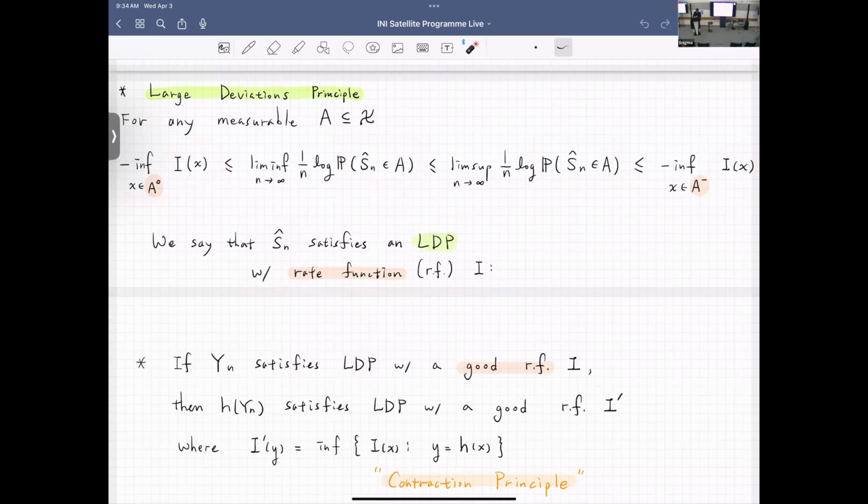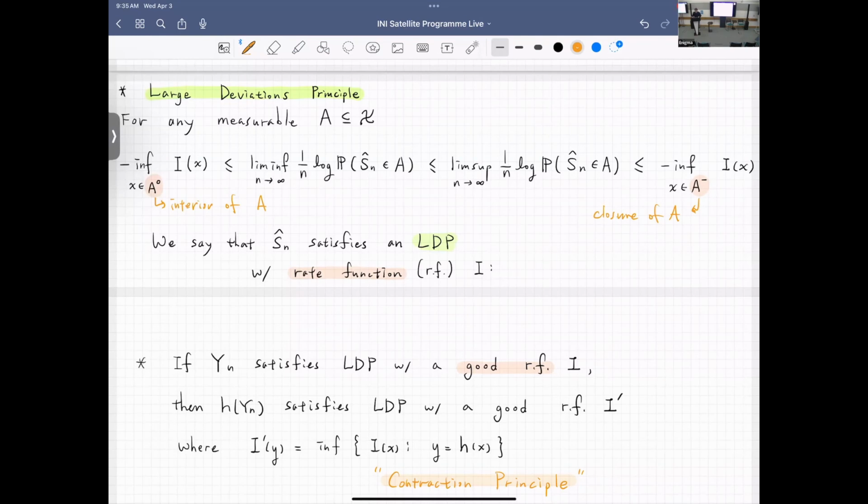A few clarifications. Here this is the interior of A, and this is the closure of A. Why do you need the hat for Sn?